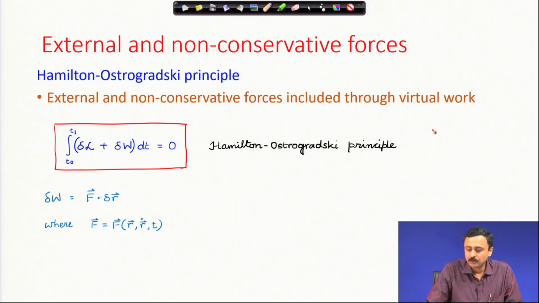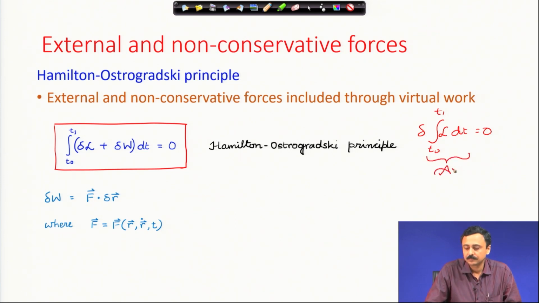When we started, we wrote the Hamilton's principle as this. This was the variation of what is known as the action integral. This was the action integral, and we talked about the variation of the action integral.